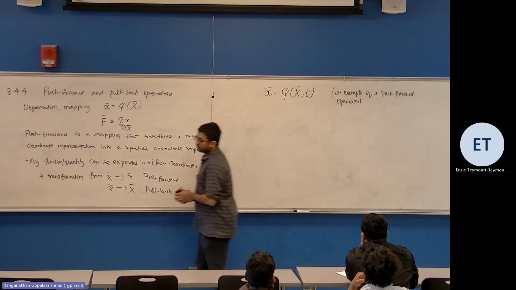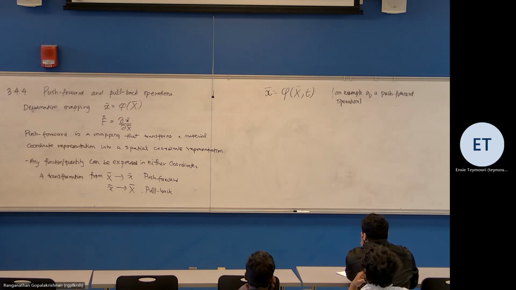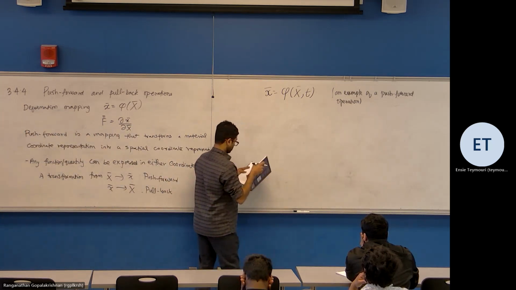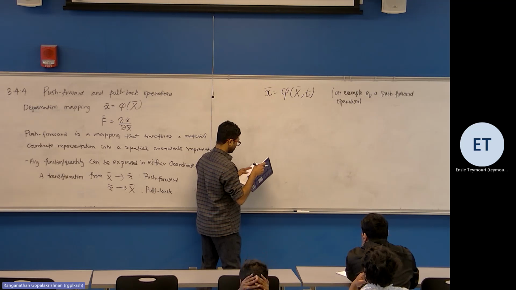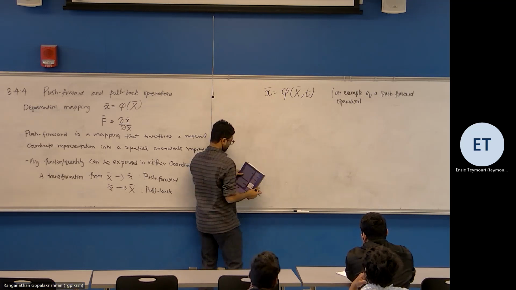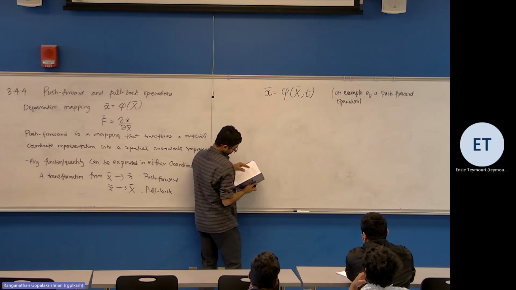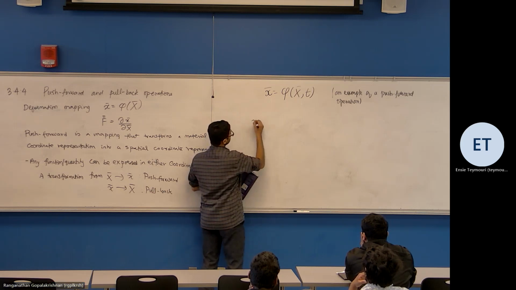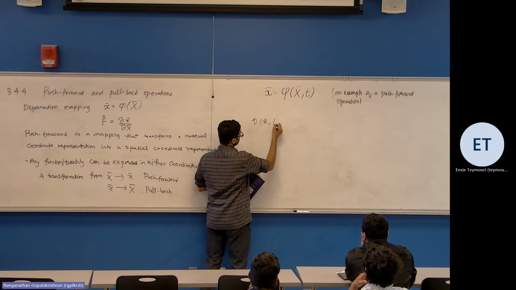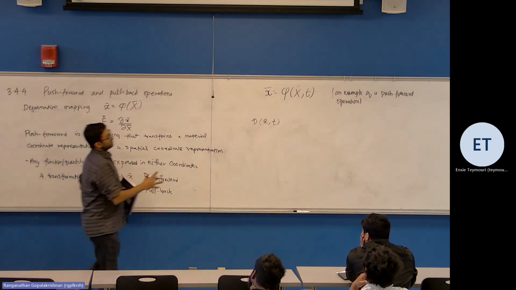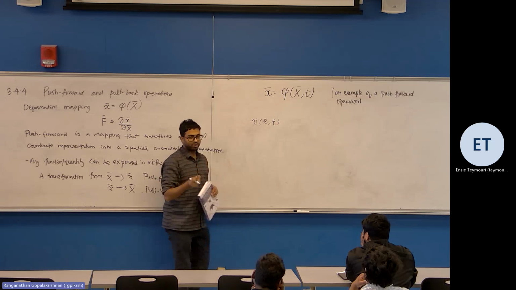Now you can consider a quantity, I just want to use the same notation. Consider the velocity field v of x comma t. If I ask you to just interpret this quantity based on how I have written it, what would your interpretation be?